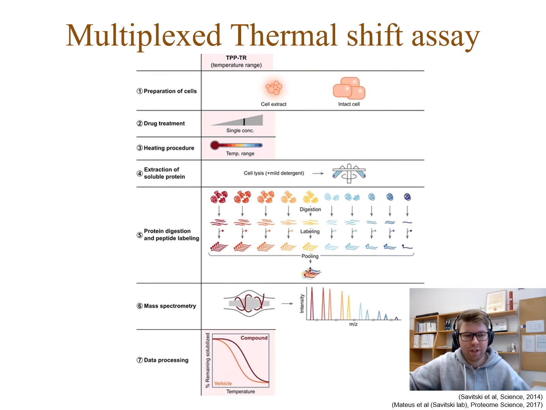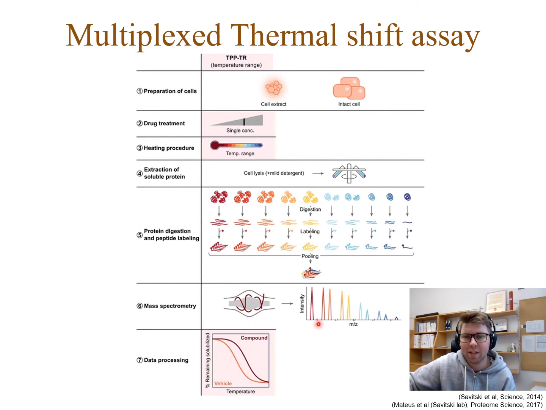So this thermal shift approach can be multiplexed using the following setup. So starting out by preparing your cells and treating them with a drug. Thereafter exposing the system to a temperature range and extracting the soluble proteins only. These proteins can then be derivatized with tandem mass tags, whereafter the samples are pooled and analyzed in one shot in a mass spectrometer.